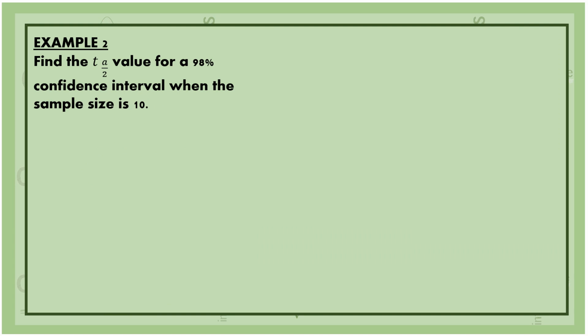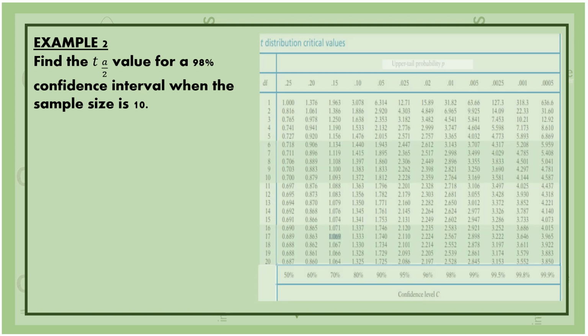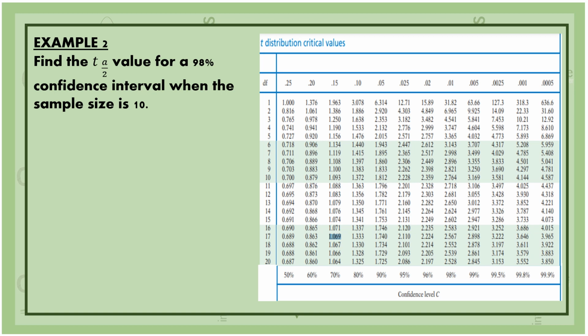Let's have now another example. Find the critical value for a 98% confidence interval when the sample size is 10. Again, same procedure as in example number 1, we follow the steps in example number 1, and we'll find out the critical value of the 98% confidence interval with a sample size of 10.